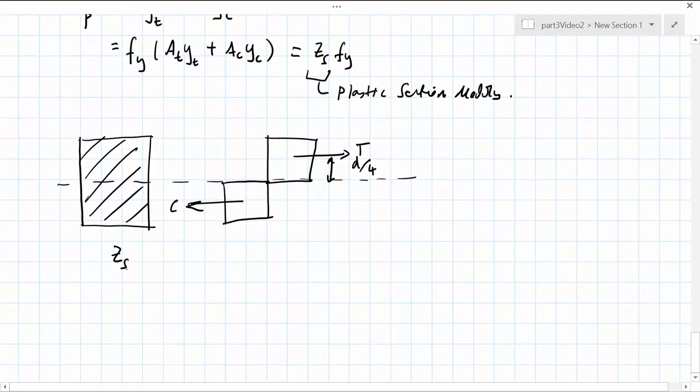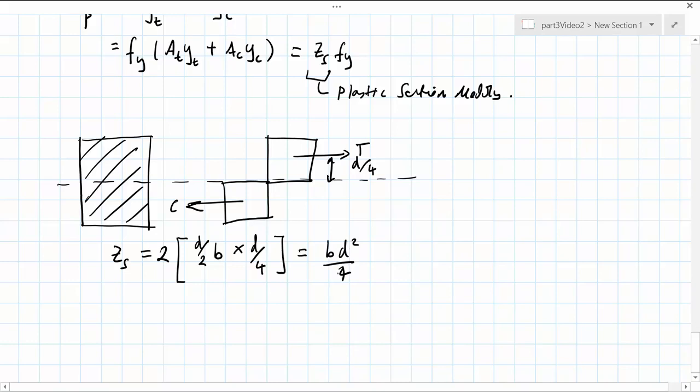So the plastic section modulus, Z subscript s, is given by 2 times the area of the rectangle, which is d over 2 times b, times the lever arm d over 4. And that's equal to b d squared over 4.